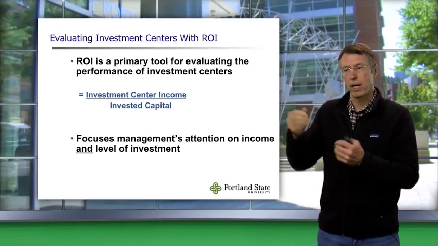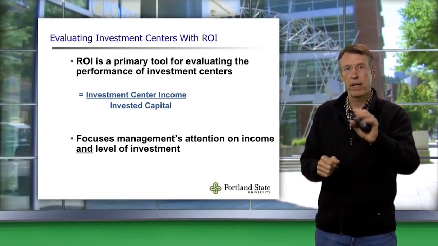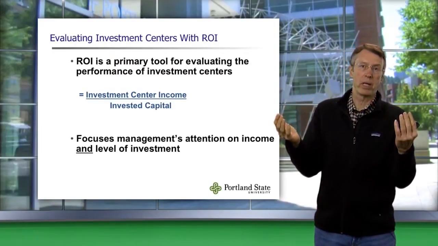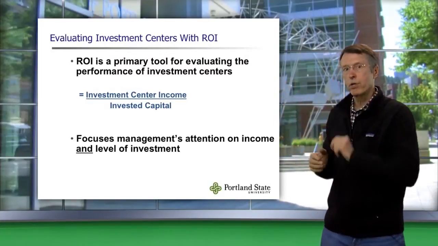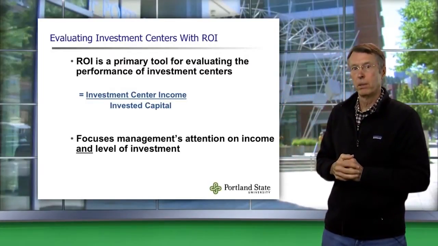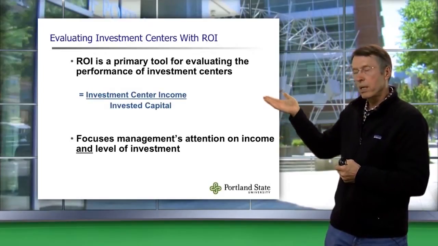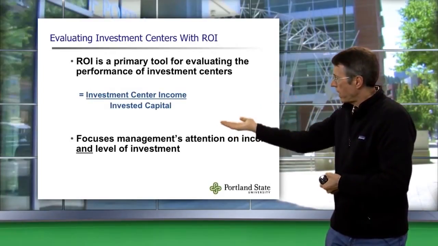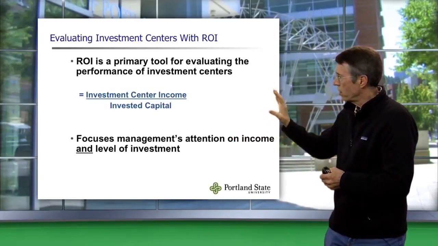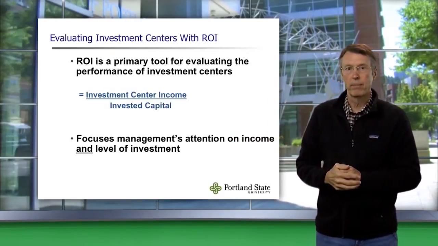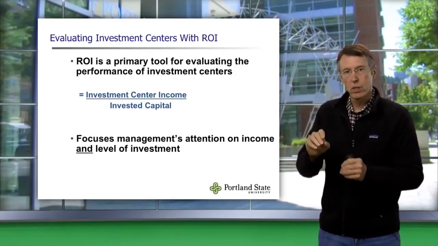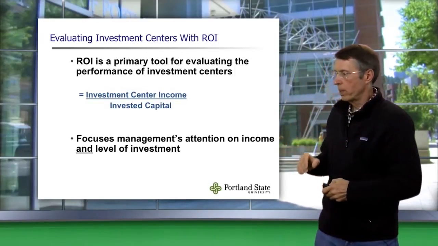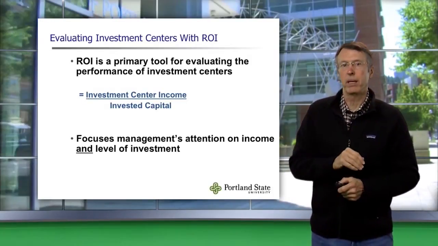We get to the third type of responsibility center, and that's the investment center. What we're looking to evaluate them on here is ROI, return on investment. It's the income that the investment center has produced divided by the capital base that it took to produce that income. So this makes us pay attention not just to income, but to the level of investment it takes to build that income.